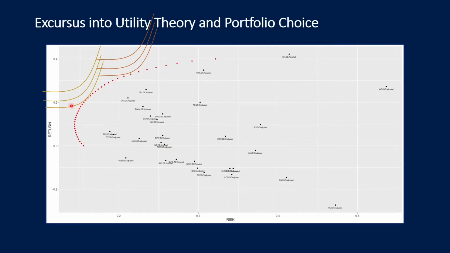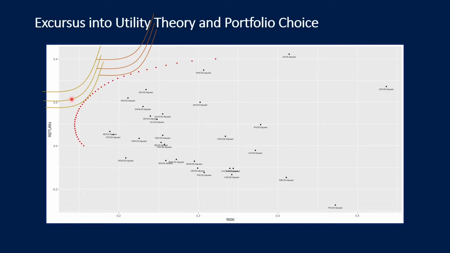Indifference curves combine all those combinations of mu and sigma that are felt indifferent, that are felt the same, that bear the same utility. And that's why it's called utility theory. Of course, the further up and the further left, the better is the utility. So this utility curve is better than this one, and this utility curve is better than this one.